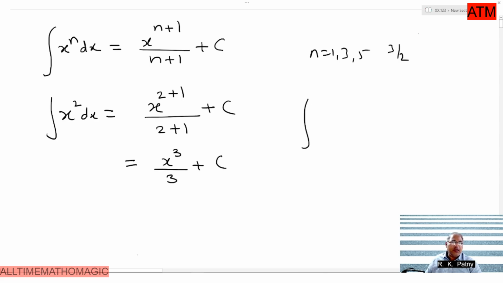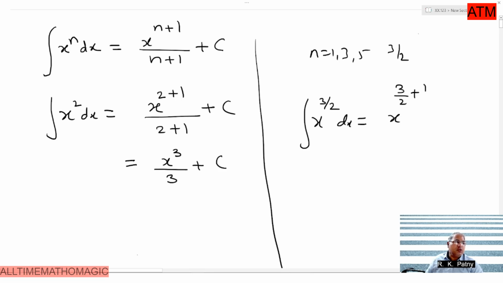Or if you say the integration of x raised to 3 by 2 with respect to x, it is nothing but x raised to 3 by 2 plus 1 upon 3 by 2 plus 1, that is equal to x raised to 5 by 2 upon 5 by 2, that is equal to 2 upon 5 x raised to 5 by 2 plus c.